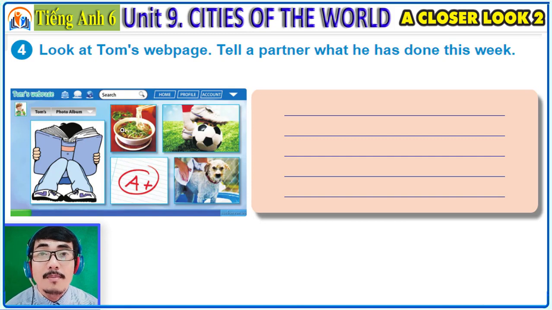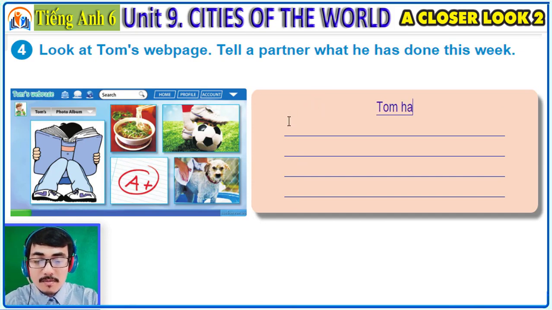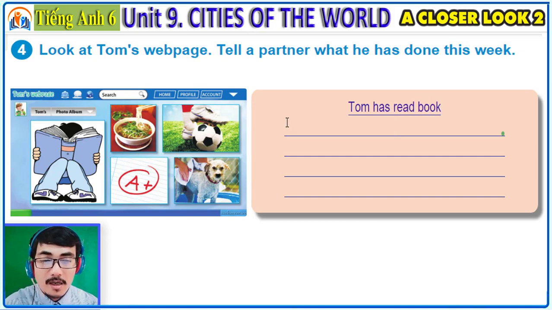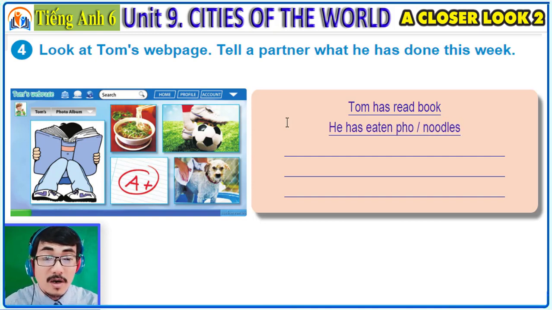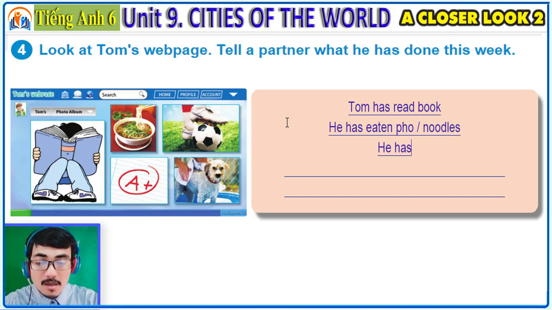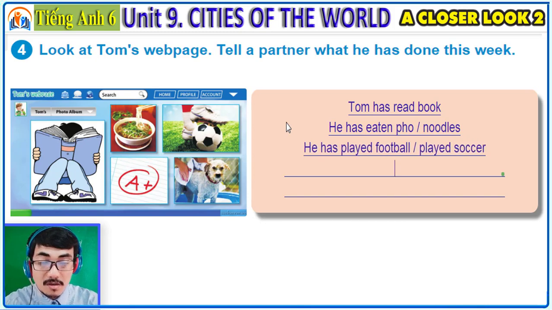That means we use present perfect. So I'll help you. Here, Tom has read book. Okay. Here, he has eaten pho or maybe noodles. I don't know, not sure about it. Here, he has played football, or you can say played soccer. Maybe.